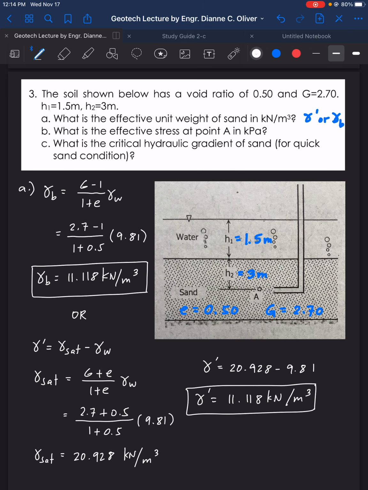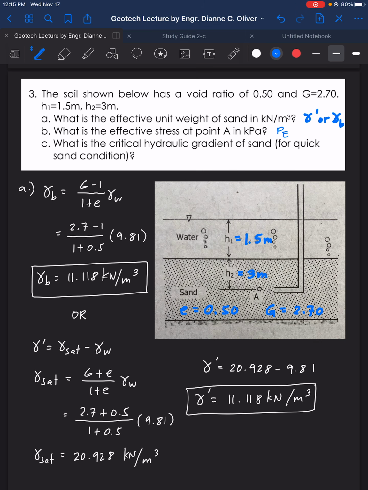So that's for letter A. Letter B, what is the effective stress at point A? So this is point A. And point A is located 1.5 meter plus 3 meter here from the water surface. Okay, so we're looking for effective stress PE.